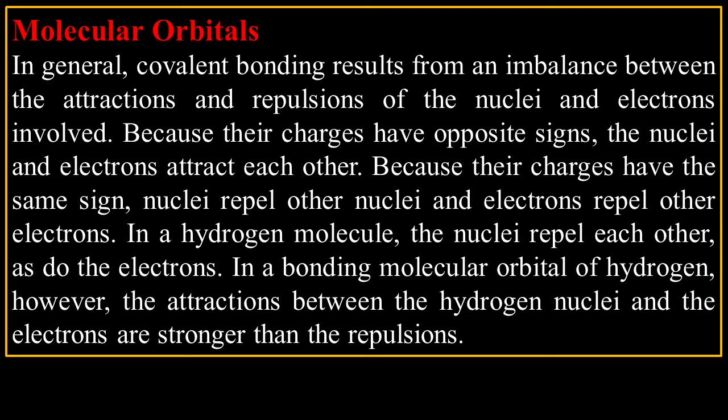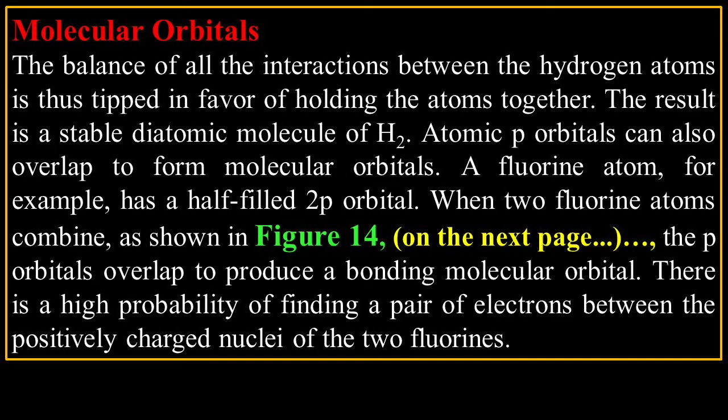In a bonding molecular orbital of hydrogen, however, the attractions between the hydrogen nuclei and the electrons are stronger than the repulsions. The balance of all the interactions between the hydrogen atoms is thus tipped in favor of holding the atoms together. The result is a stable diatomic molecule of H2, hydrogen gas, at room temperature.